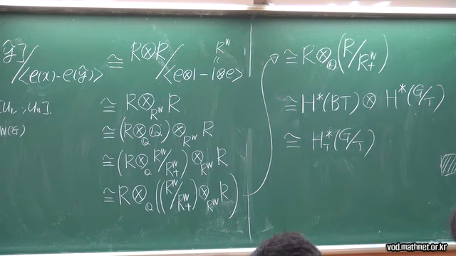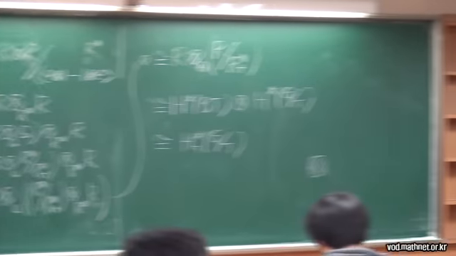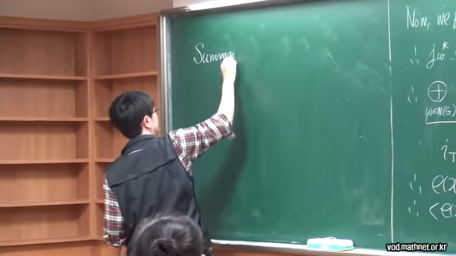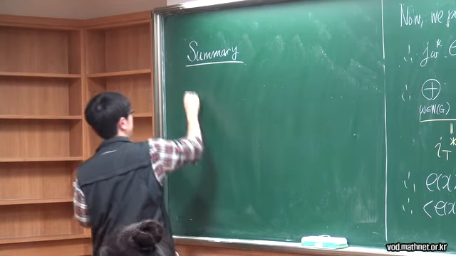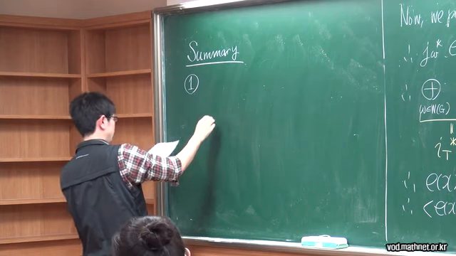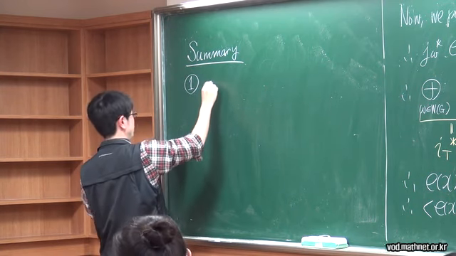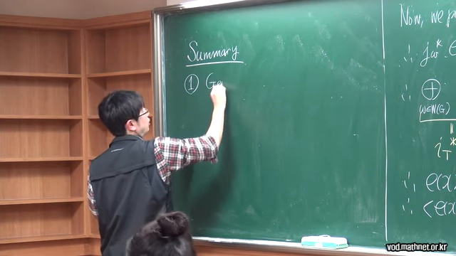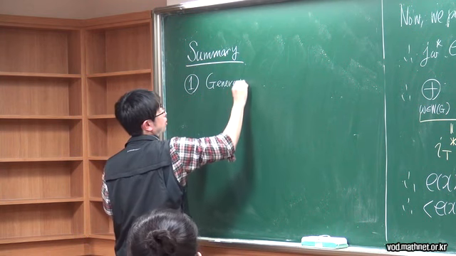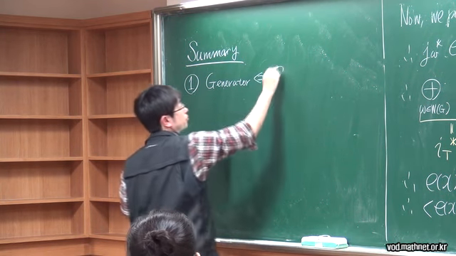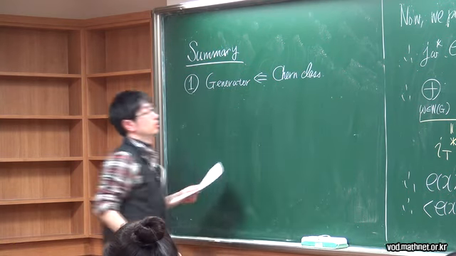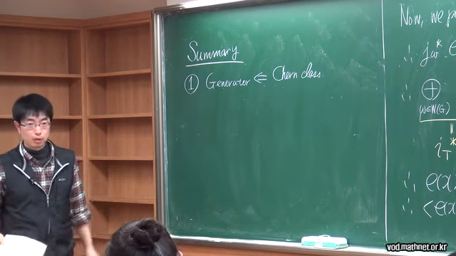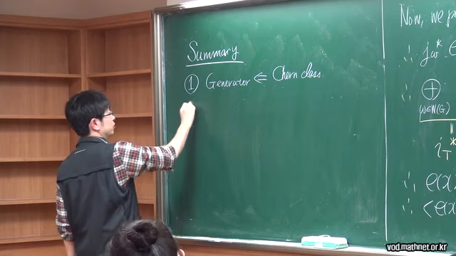Okay, let's summarize from this result, this proof. In the first step, for the surjection, we use Chern classes to get generators. In almost all cases we can do it this way to get generators.